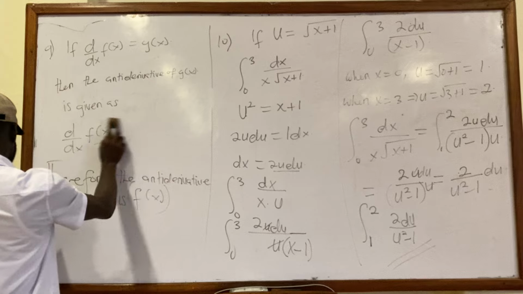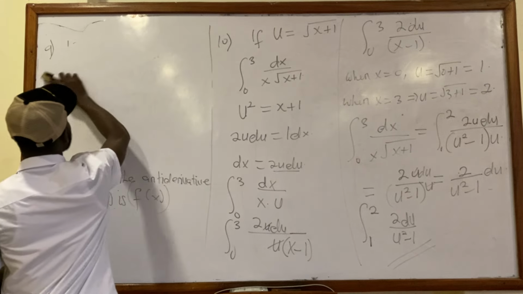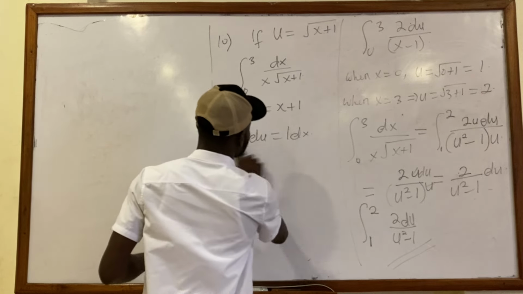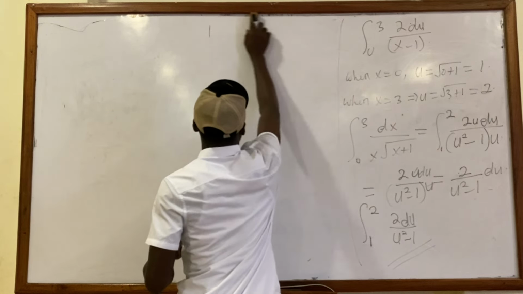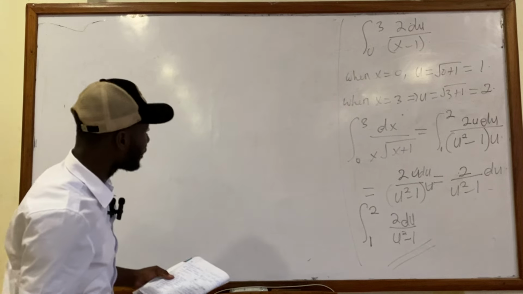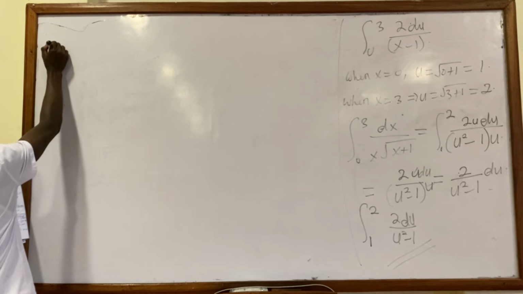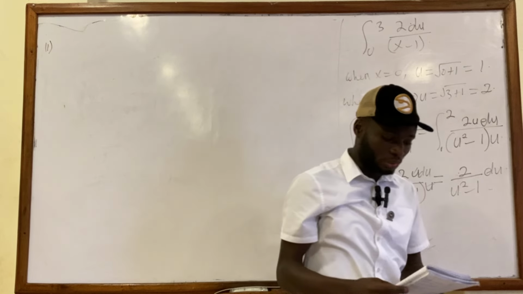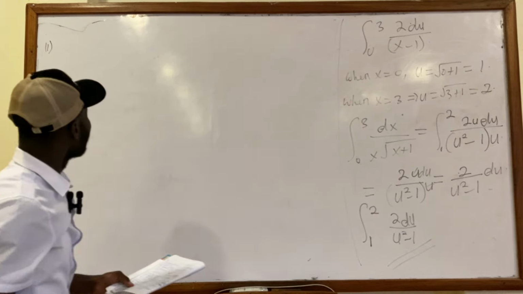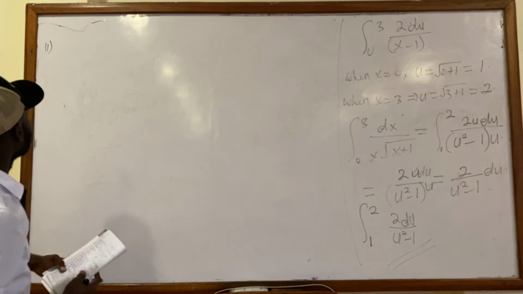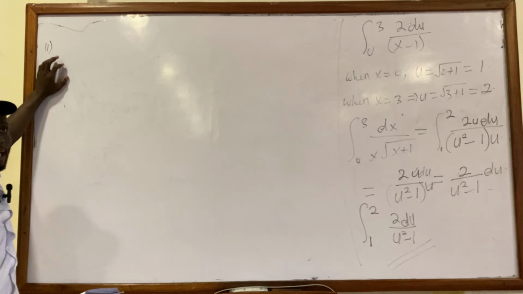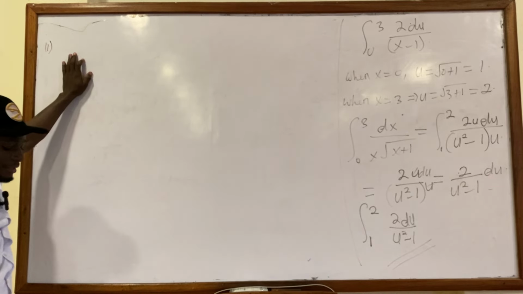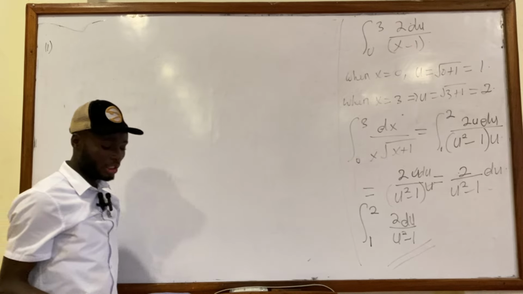Question number 11 says we should evaluate an integral from the limit of negative a to a of the function f of x dx, and that should be equal to 0.